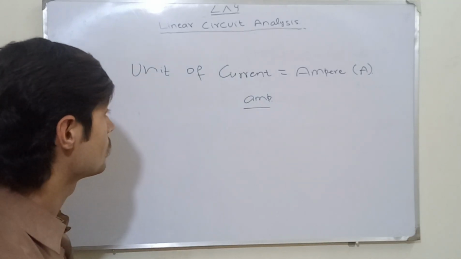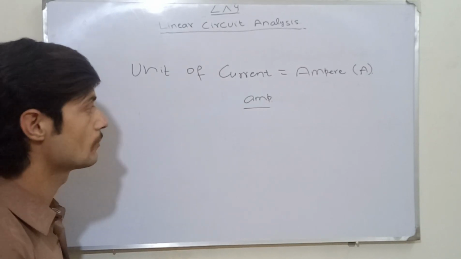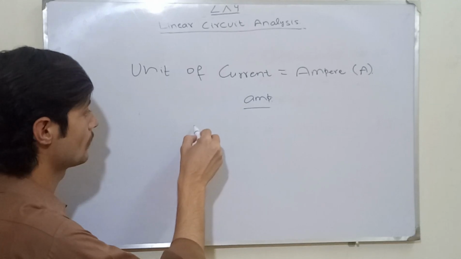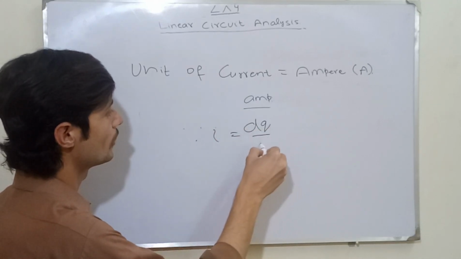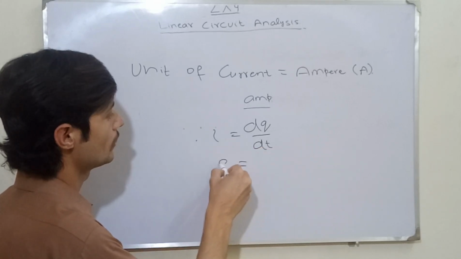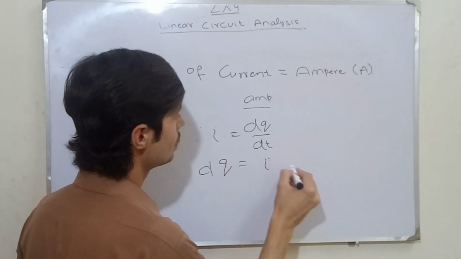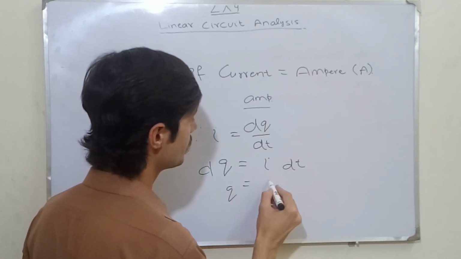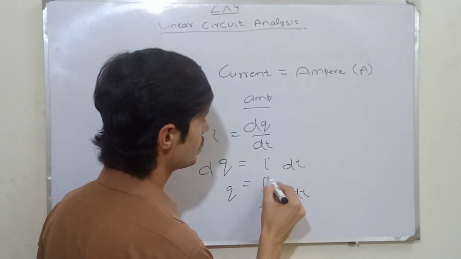We can find current by the equation of charge, and we can find charge by the equation of current also, since I is equal to dq by dt. We can find q as dq is equal to I dt, and integrating on both sides we can find charge.